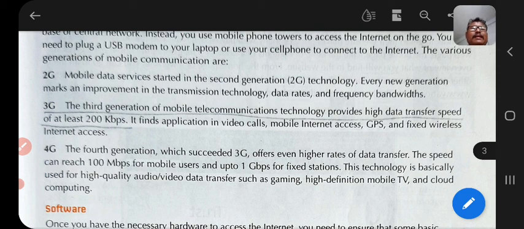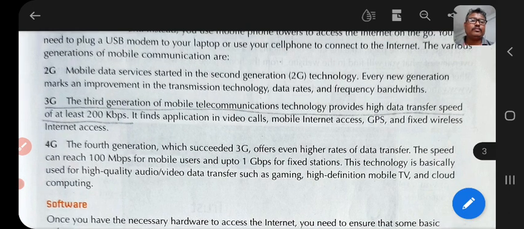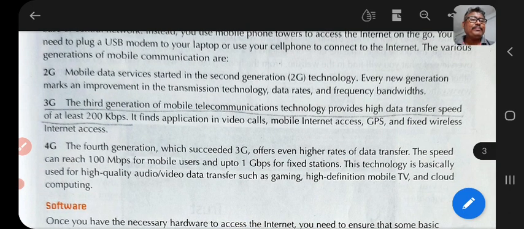2G mobile data services started in the second generation. That means when the internet was introduced, after that, for public commercialization, the technology used at that time was the second generation, mainly for mobile data. Every new generation marks an improvement in the transmission technology, data rates, and frequency bandwidth.